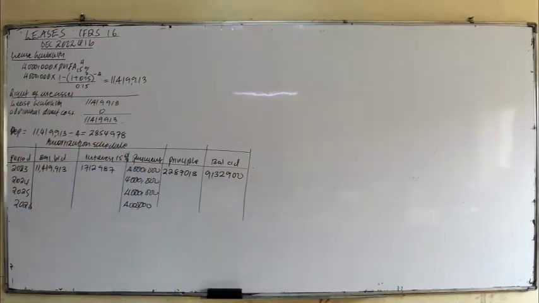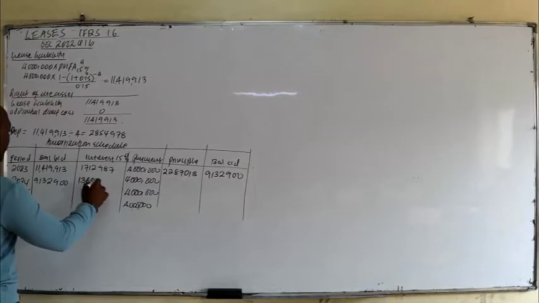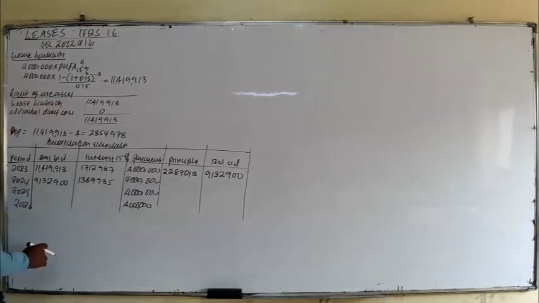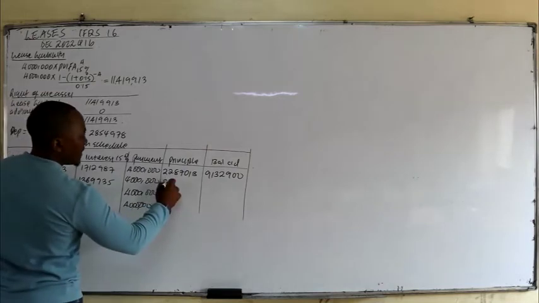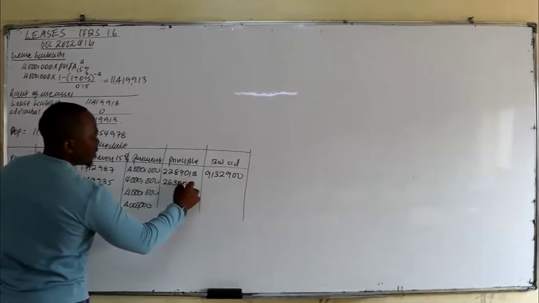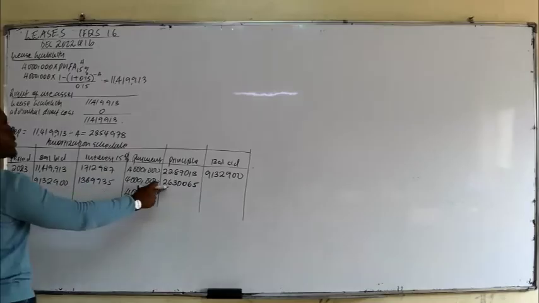The balance carried down becomes the opening balance for the next period. 15% of that is 1,369,935. You take 4 million and first minus the interest to determine the principal, 2,630,065.